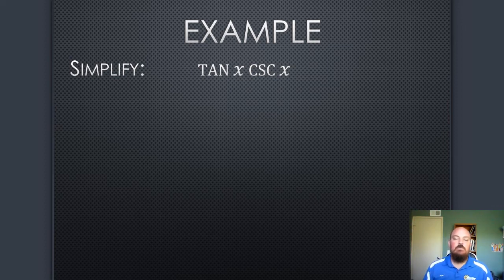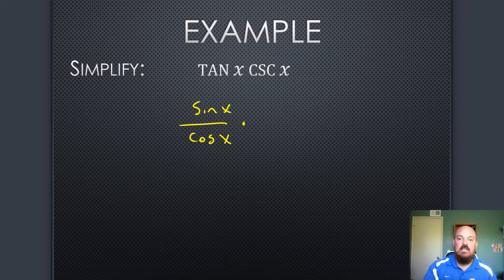So let's think about some things we could do. Number one, I could take that tangent x and I could use a reciprocal identity and write it as sine x over cosine x. And then I say, well, I have a cosecant x. Maybe I'll use my reciprocal identity, and I'll write the cosecant x as 1 over sine x.